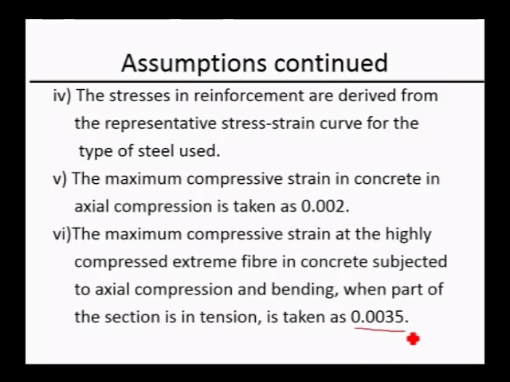This 0.0035 is the maximum compressive strain considered in the extreme fiber, and for axial compression it is taken as 0.002. These are the major assumptions made in the design of a compression member as per IS 456:2000.